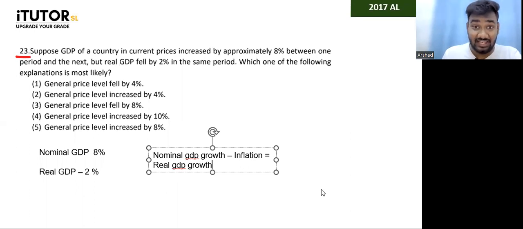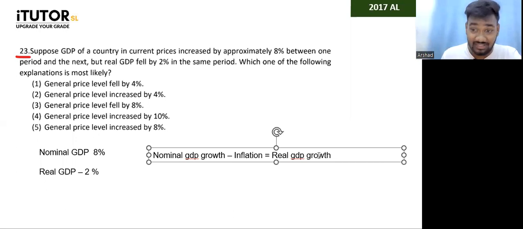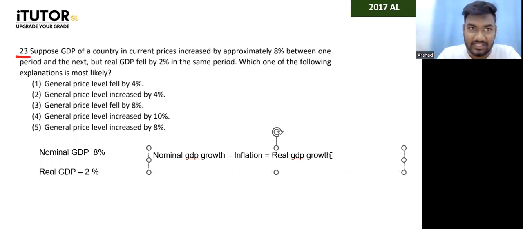Again, just for someone who might be watching the recording at some point: usually, if it's a previous past paper question which I've discussed, I would skip it and go a little faster. So if it just comes all of a sudden for the 2017 video, you might be a little lost. So nominal GDP growth is 8%, minus the inflation, the real GDP growth is minus 2%.